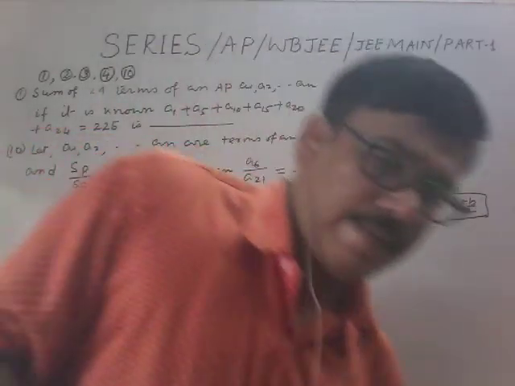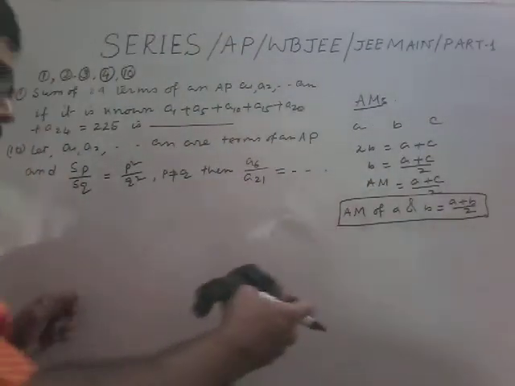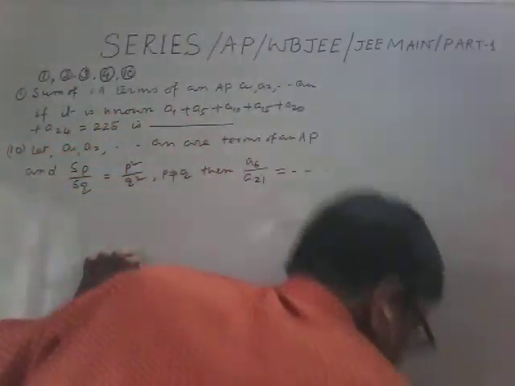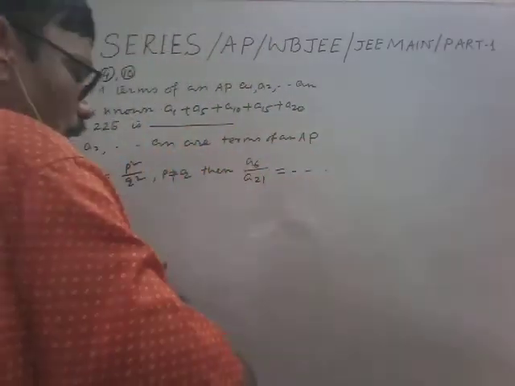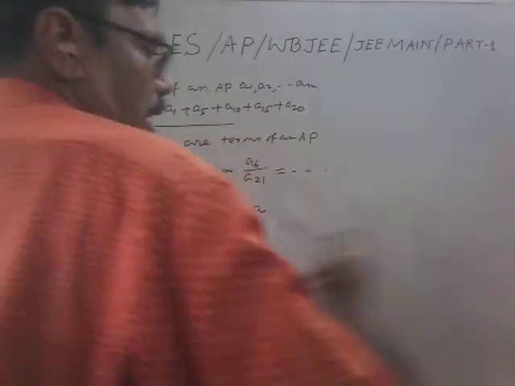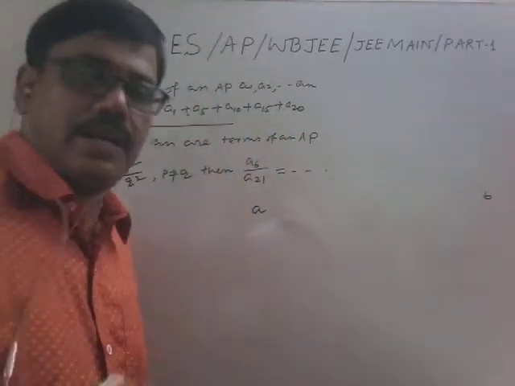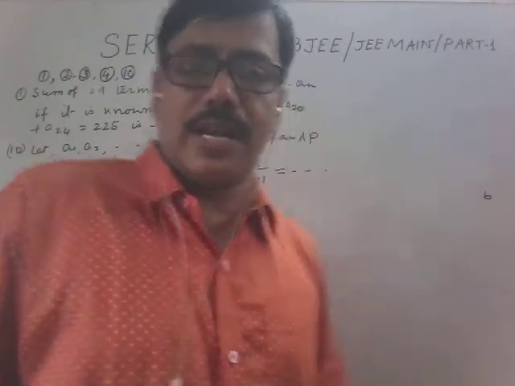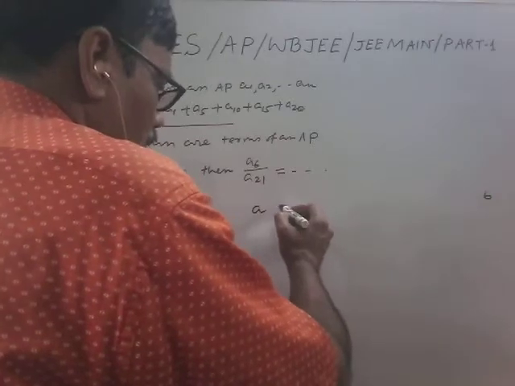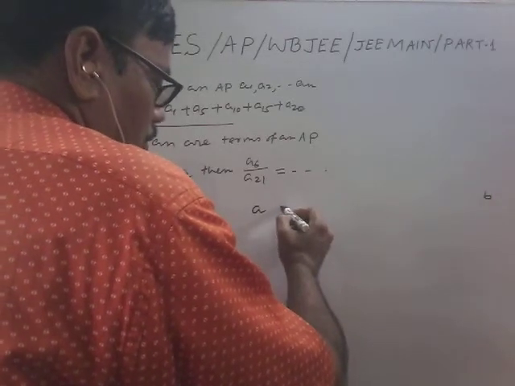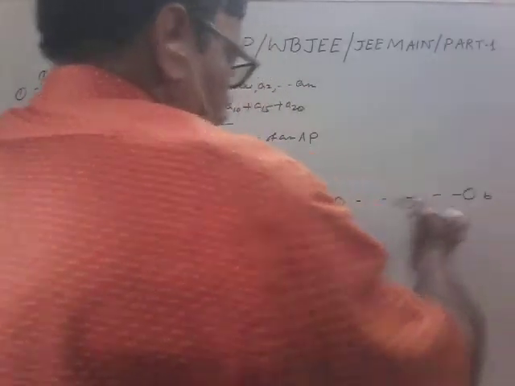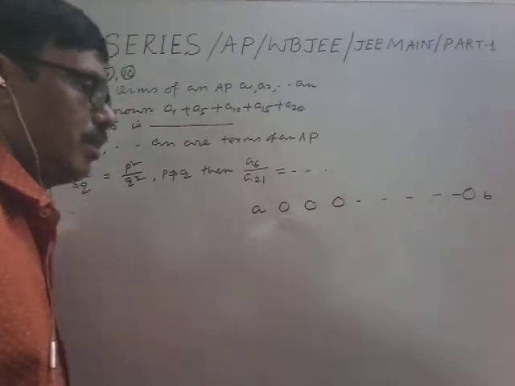Now suppose there are two numbers a and b, and we want to insert n arithmetic means between them: first, second, third and nth arithmetic means.